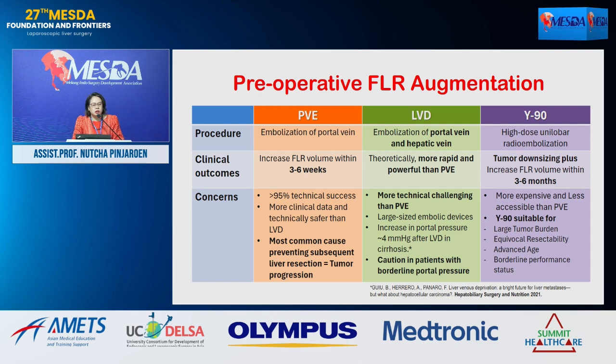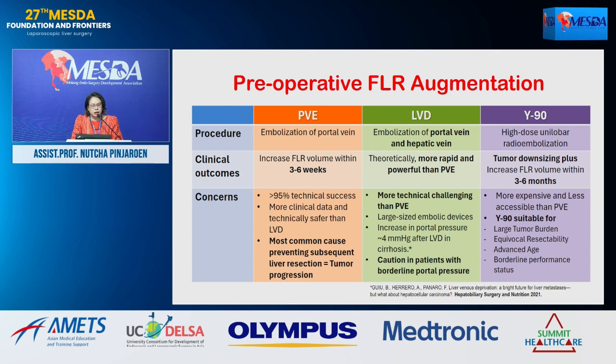But there is a small caution when the patient has borderline portal pressure, especially in chronic liver disease, HCC patients, because if you measure the portal pressure after the hepatic venous embolization, usually the number goes up about 4 millimeters of mercury.